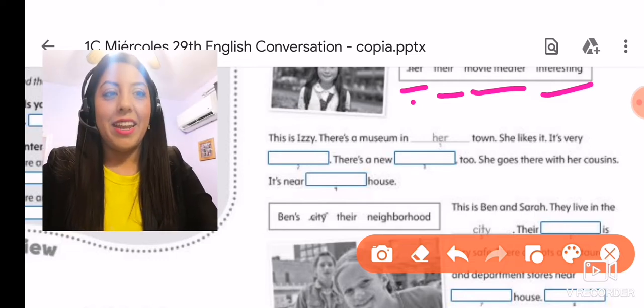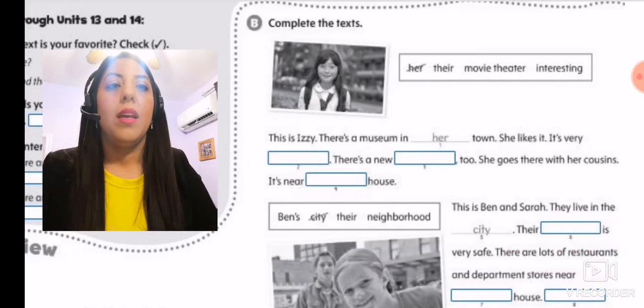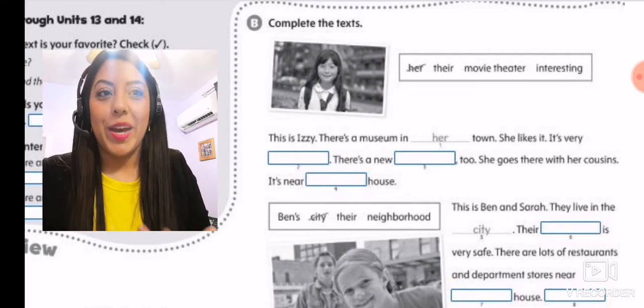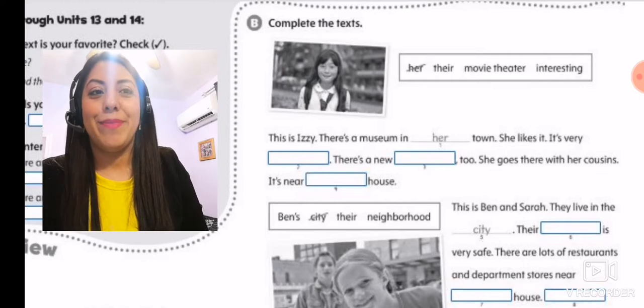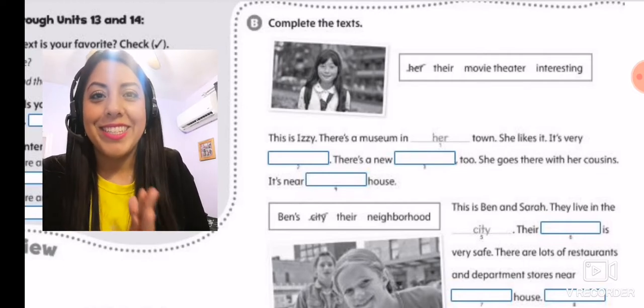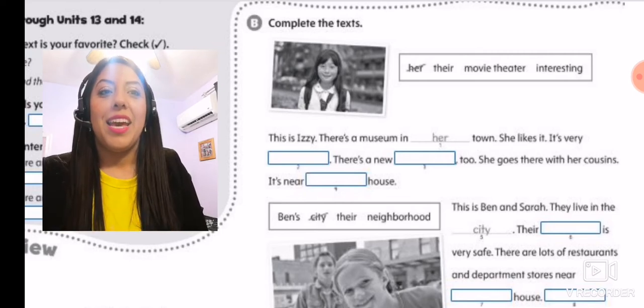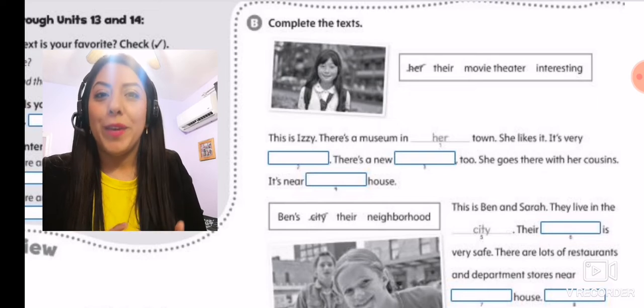Yes? Now, this is easy. There's a museum in her town. She likes it. It's very what? It's very, the answer is interesting. It's very interesting. And then there is a new movie theater.